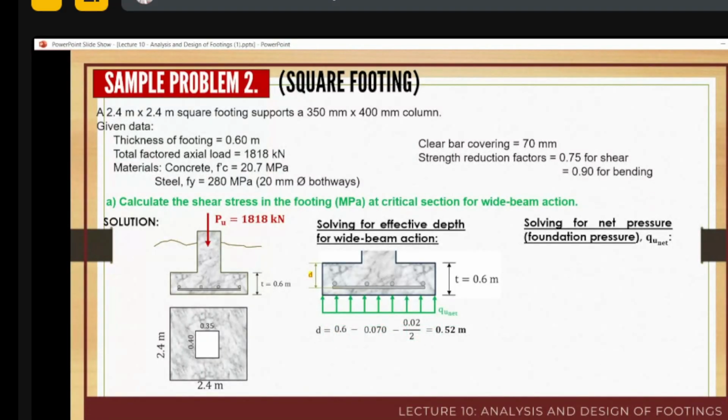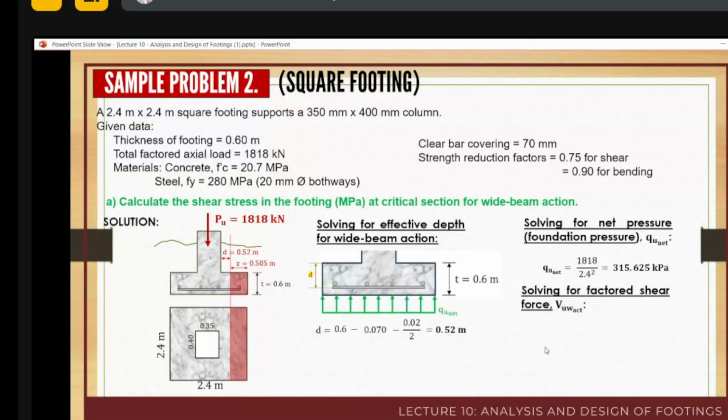Solving for the qu net for one-way shear, qu net is equal to PU over area, squared. This should equal the shear capacity of the footing. Again, the critical section for shearing is from the face of the column, at the distance effective depth d to that section.